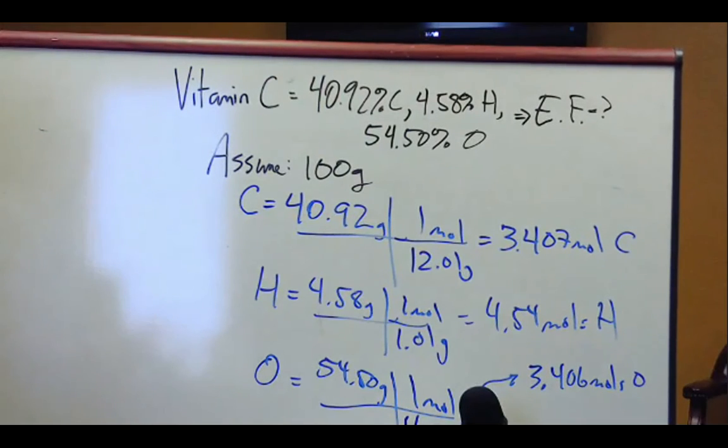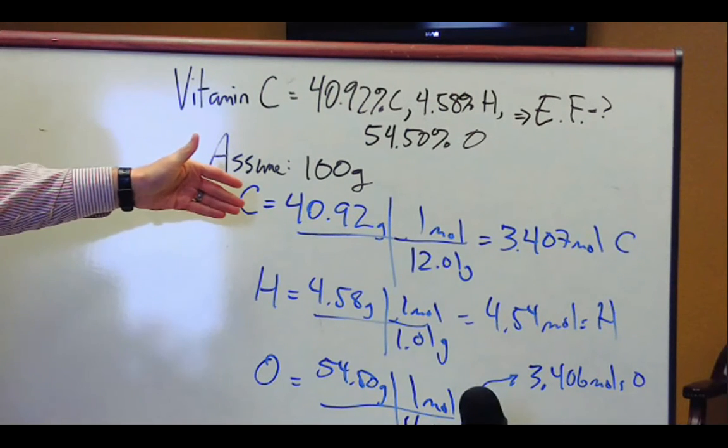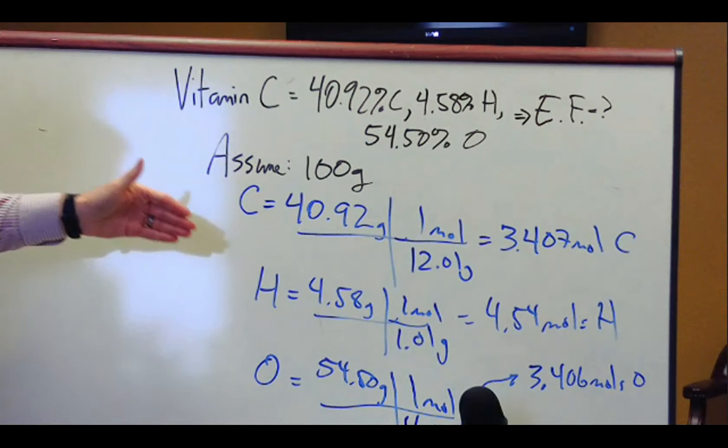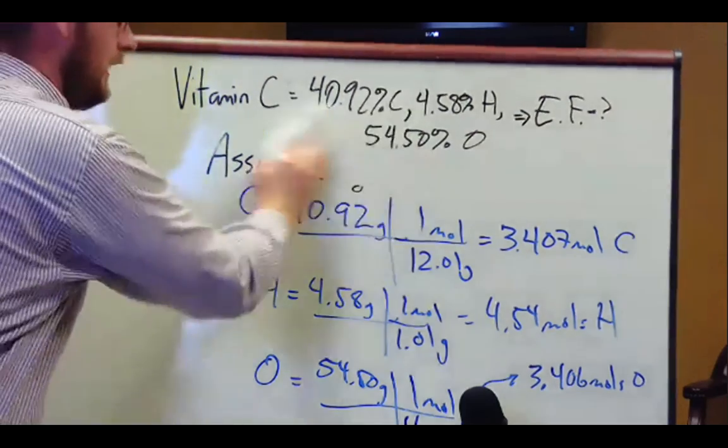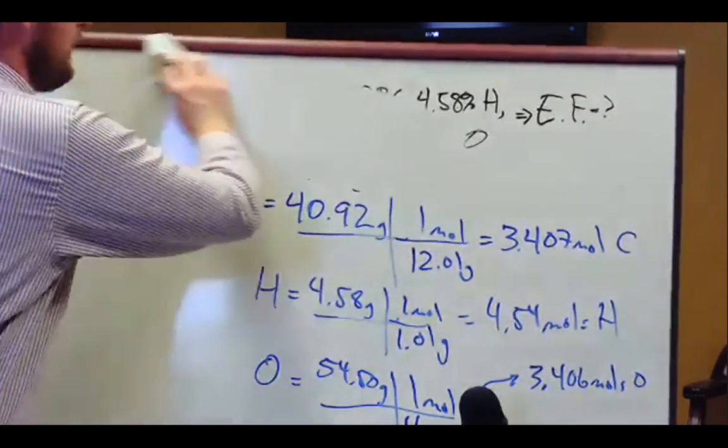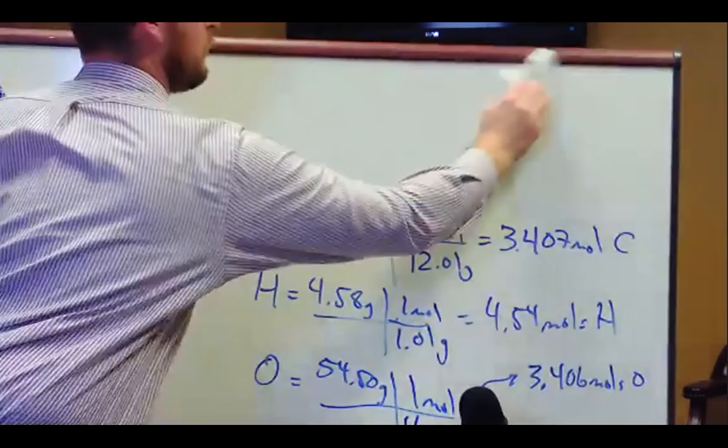Right? And so now we have the moles of carbon, the moles of hydrogen, and the moles of oxygen. So when we work on an empirical formula, we now have everything we need to solve it, right? So we need to find the moles. And here is why. So let's look at what an empirical formula might look like.